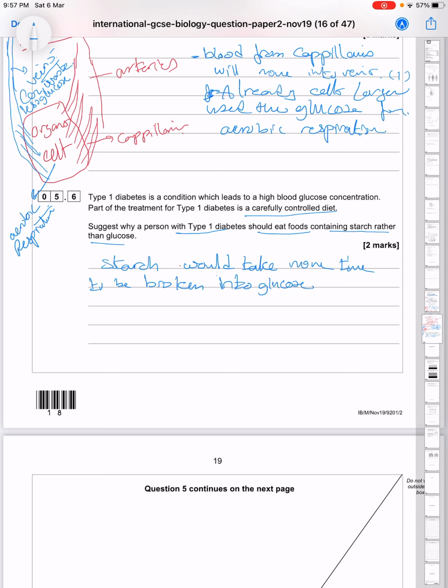So there would be a less or slow increase in blood sugar or blood glucose level than if they eat glucose directly.